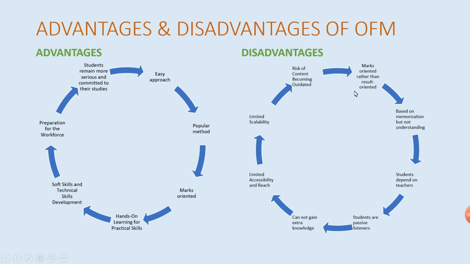Now comes disadvantages. Here please note that marks are preferred but not results. So in the end, a learner should be able to do anything or apply whatever subject knowledge he has gained, but mugging up and gaining marks is not a proper method. So this is solely based on memorization but not understanding.